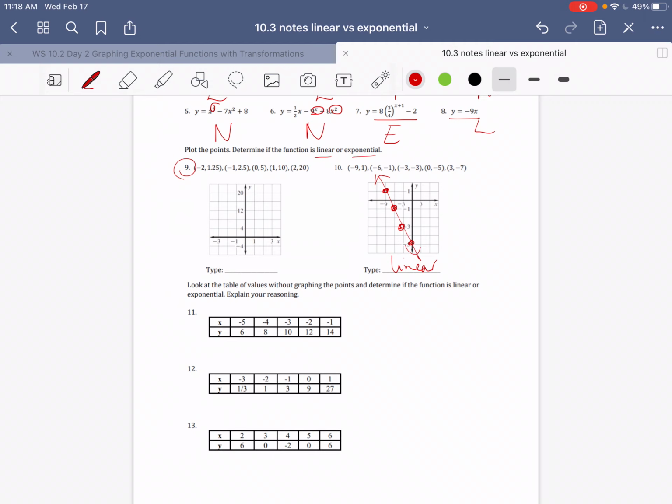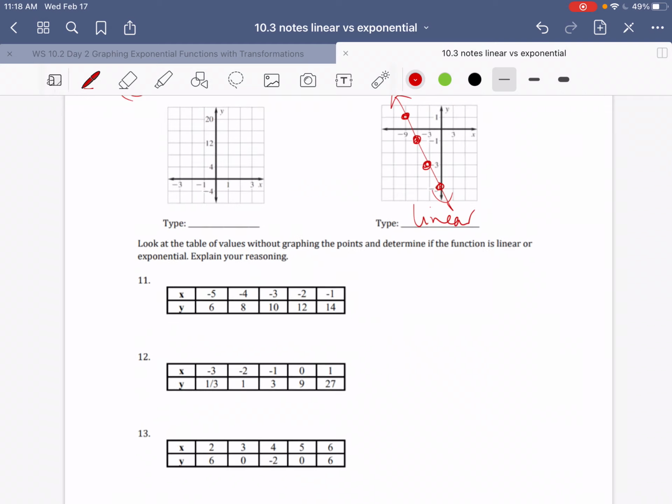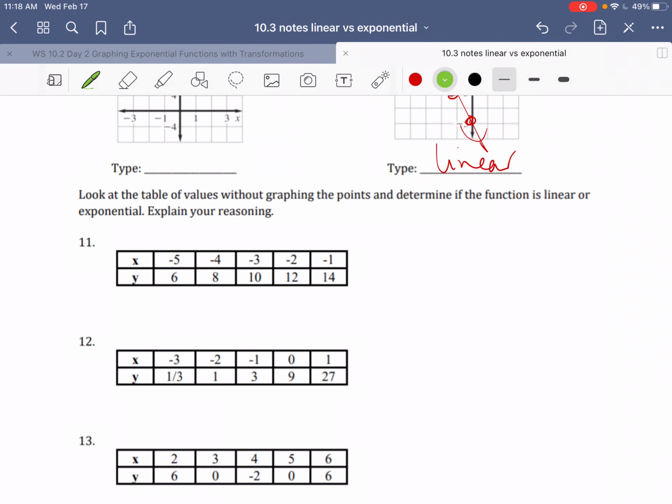And then looking at the tables here, we're looking at our relationships, so we're looking at your y values. For these y values, it's being added by 2, and that is constant. It's happening the same. That is linear, because you're adding 2. And then the next situation, y is being multiplied by 3, from 1 to get to 3.